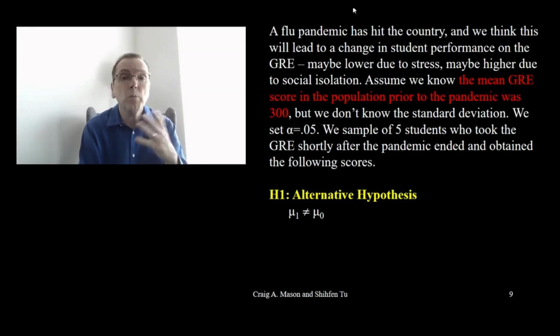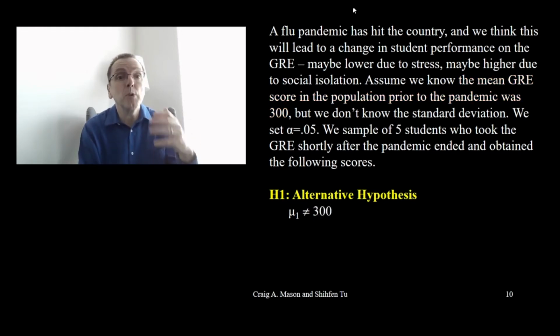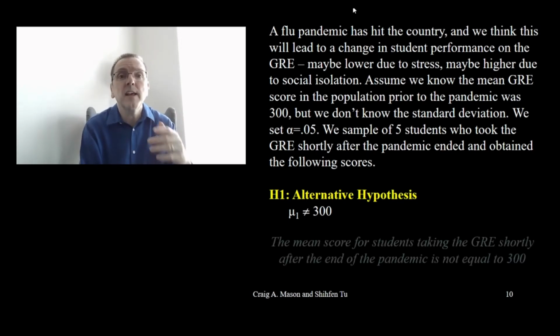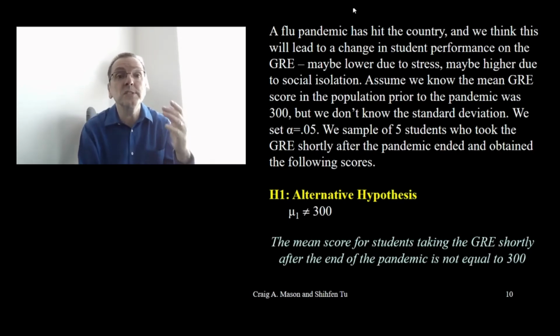Now, we could rephrase our alternative hypothesis more precisely, therefore, as mu1 does not equal 300. In English, we could say the same thing as the mean score for students taking the GRE shortly after the end of the pandemic is not equal to 300. All right? So that's our alternative hypothesis.